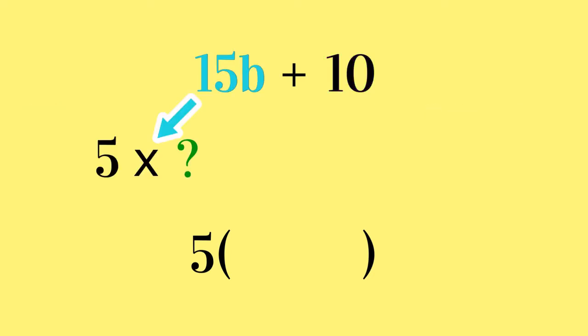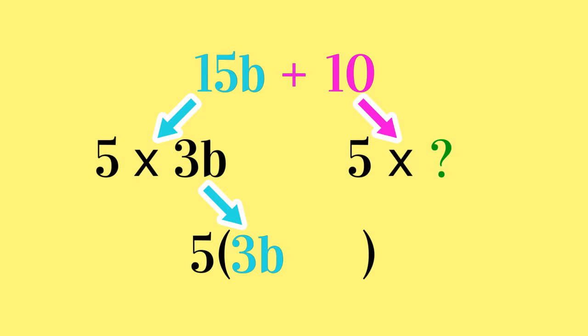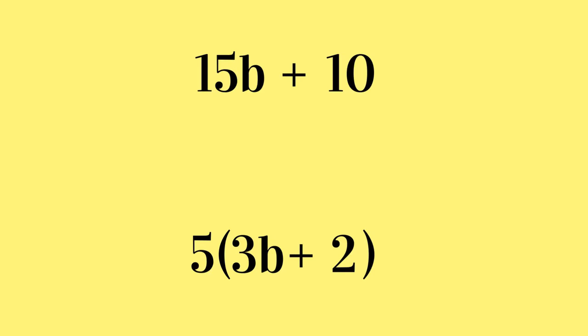To get 15b, we would multiply 5 by 3b, so 3b goes inside the brackets. To make 10, we multiply 5 by 2, so positive 2 is the other term inside the brackets. This gives us the final answer of 5 open brackets 3b add 2 close brackets.